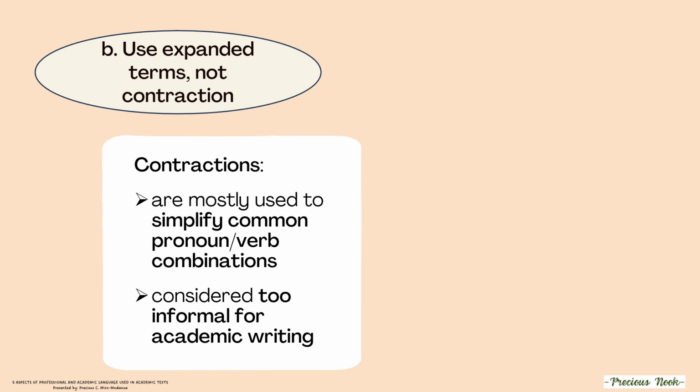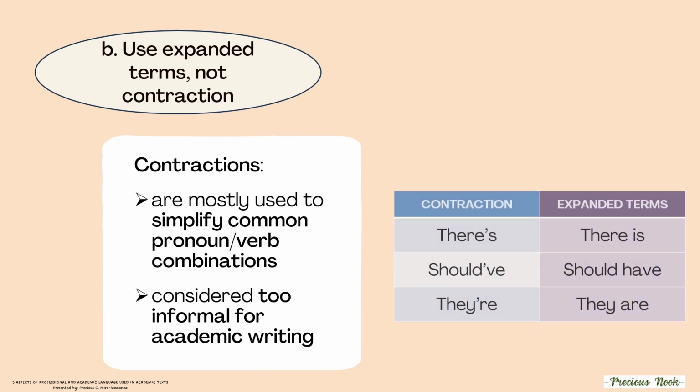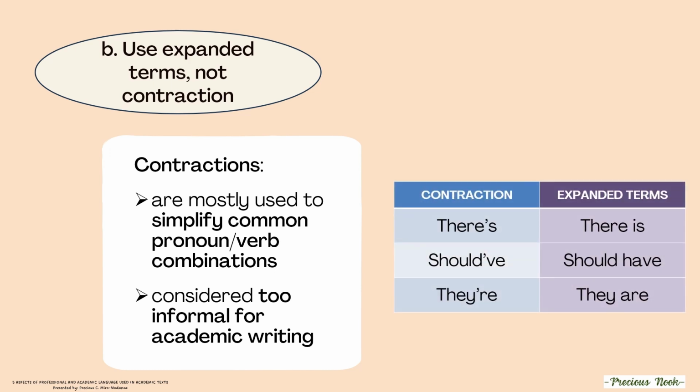That is why it is always recommended to write out the full words instead. For example, instead of saying there's, you write there is. Instead of should've, you write should have. Instead of they're, you write they are. Sure, it's okay to use contractions in an informal setting like daily conversations, but if you'll be doing academic writing, make sure to avoid them.